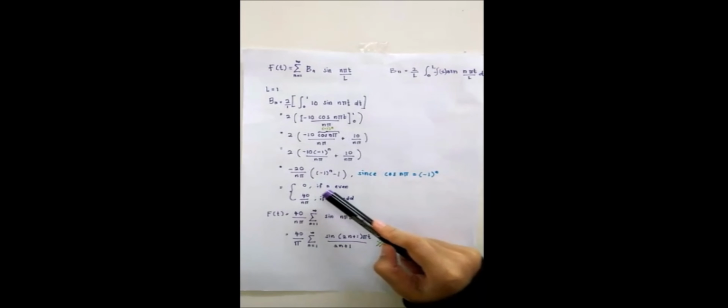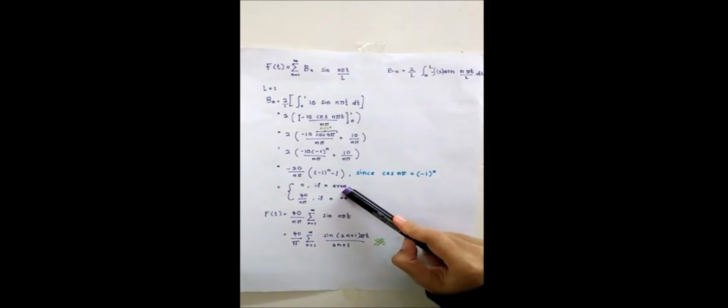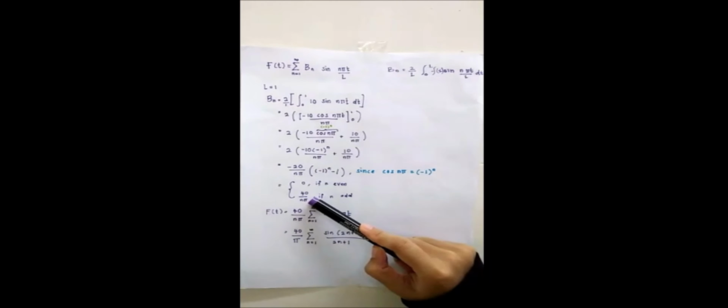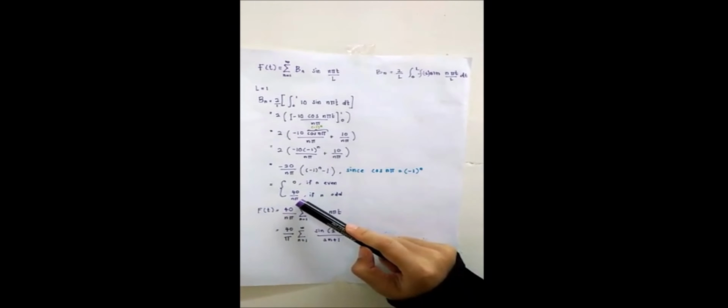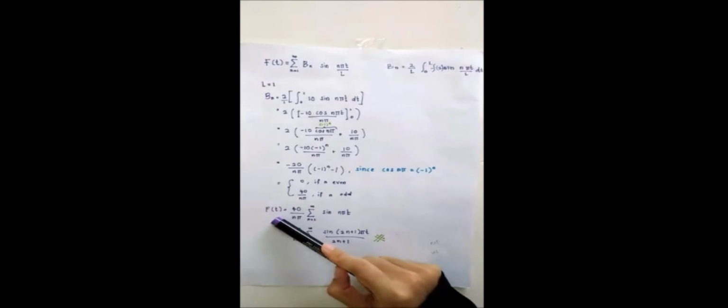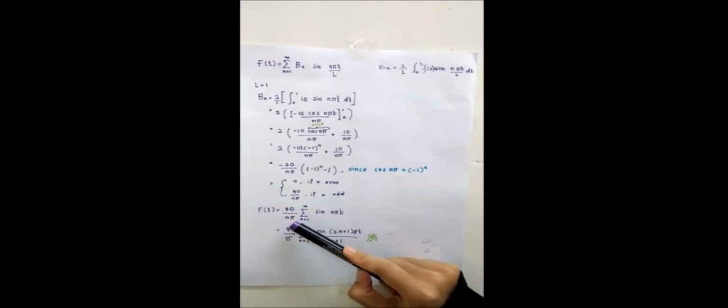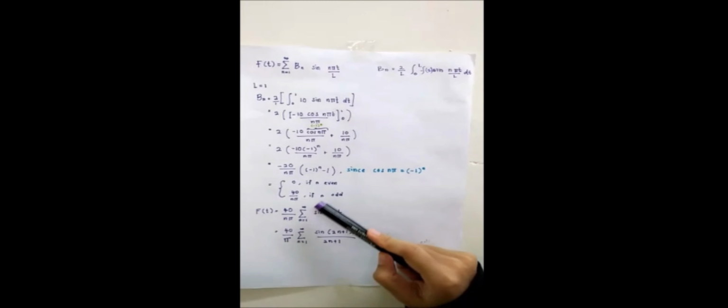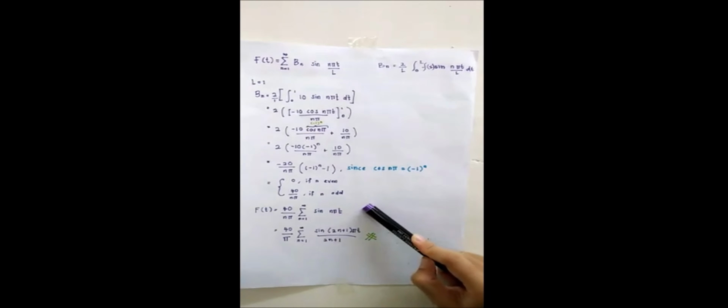So, if n is even, the Bn will be 0. If n is odd, the Bn will be 40 over nπ. So the equation for f(t) is 40 over nπ, the summation n equals 1 until infinity of sin(nπt).